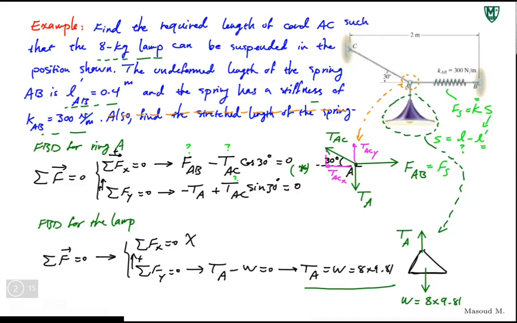I found the force in the chord AC. I'm trying to find the stretched length of the spring, which basically is the current length of AB. Why are these values helpful to find what the problem asks for, the length of the chord AC?